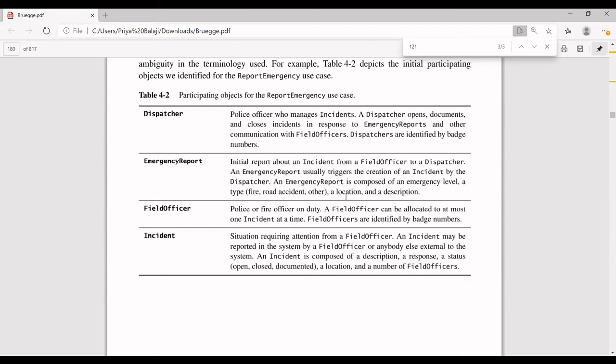Next, the field officer is a person who is going to indicate what incident has happened. Then the incident is a database where the complete information about one incident is stored. So these are the 4 objects involved in this particular scenario.